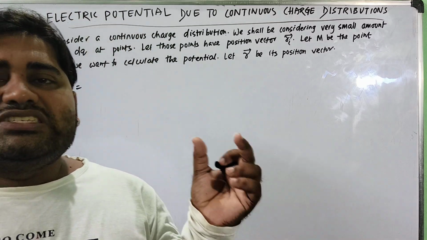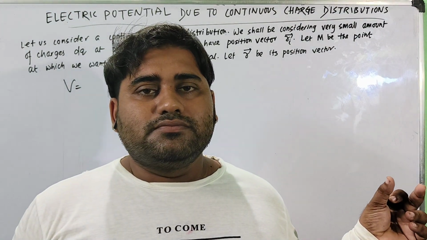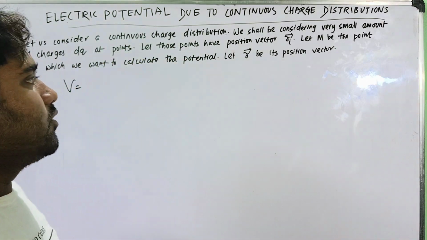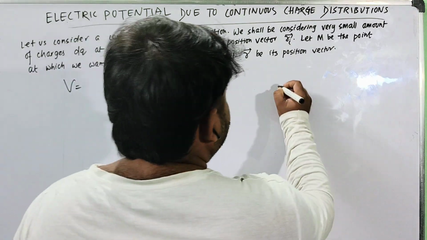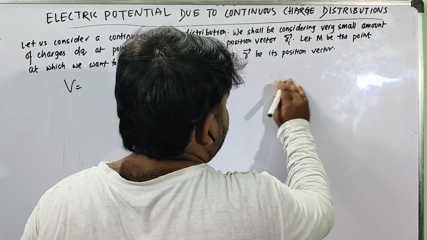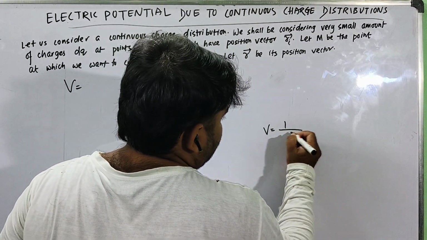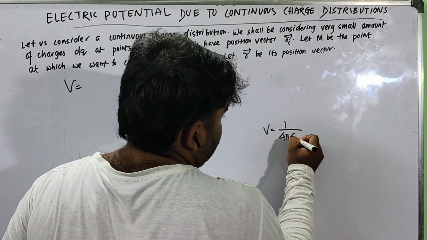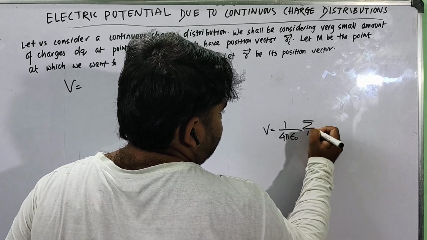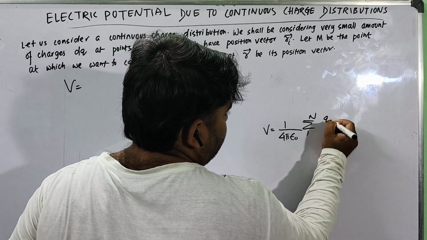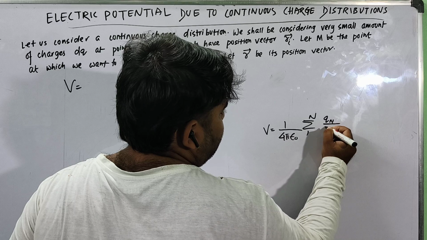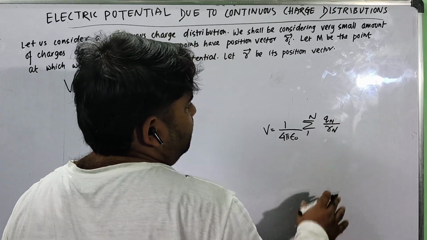In this case, we shall be using the term integration. We are going to integrate it. So in the previous case, V is equal to 1 upon 4 pi epsilon naught summation n equal to 1 to n qn upon rn.